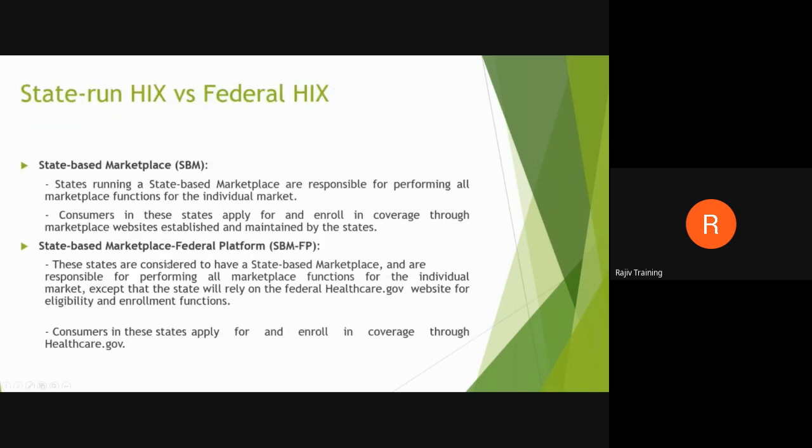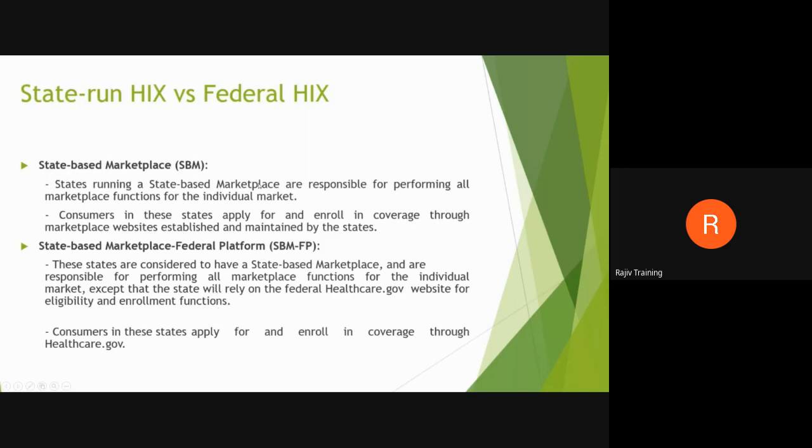For the state-based marketplace federal platform, these states are considered to have a state-based marketplace and are responsible for performing all marketplace functions for the individual market, except that the state will rely on the federal healthcare.gov website for eligibility and enrollment functions.